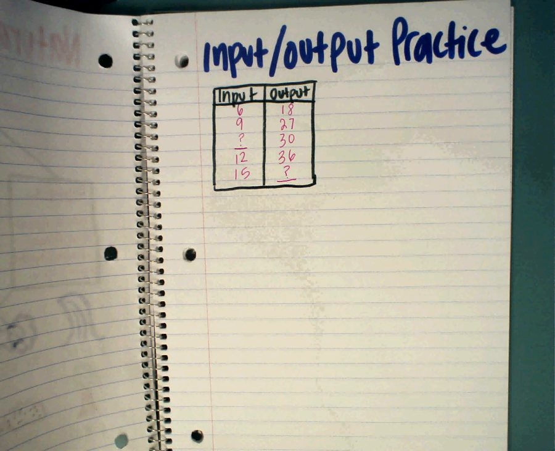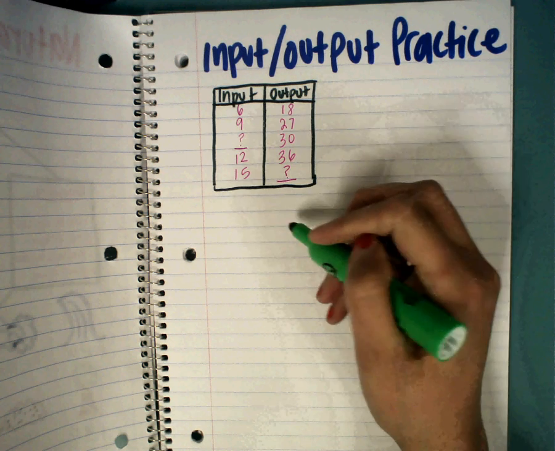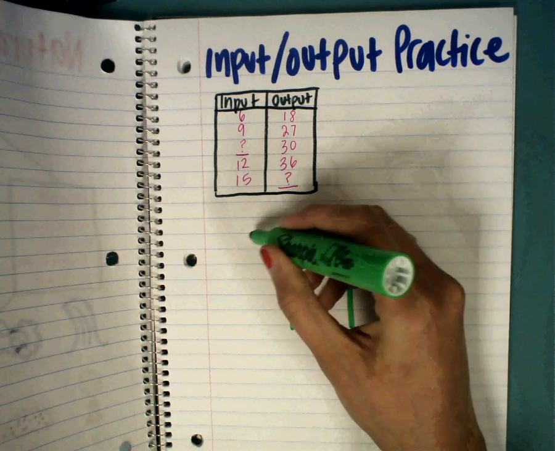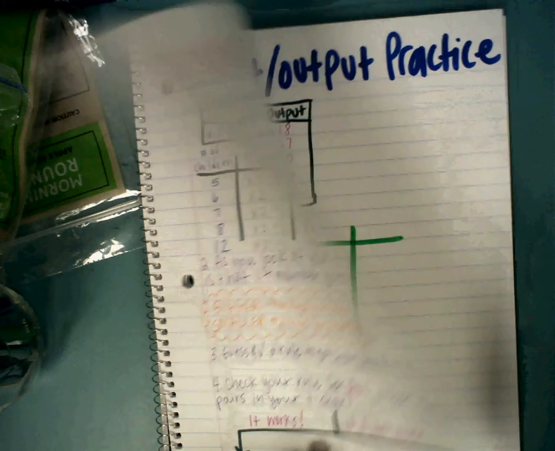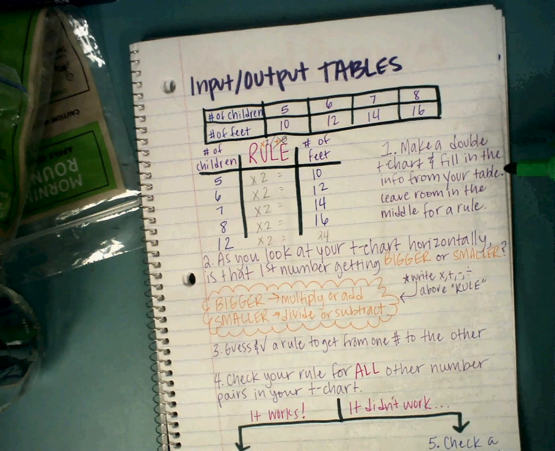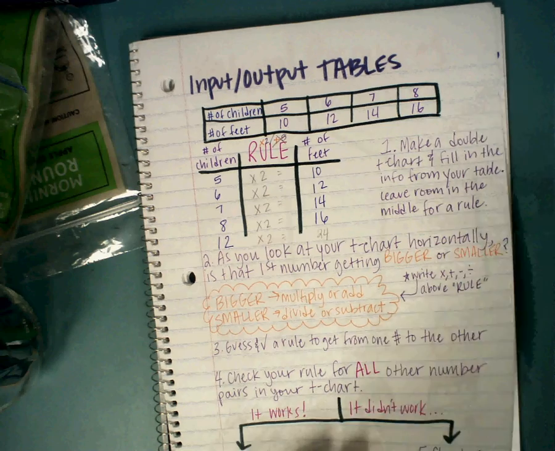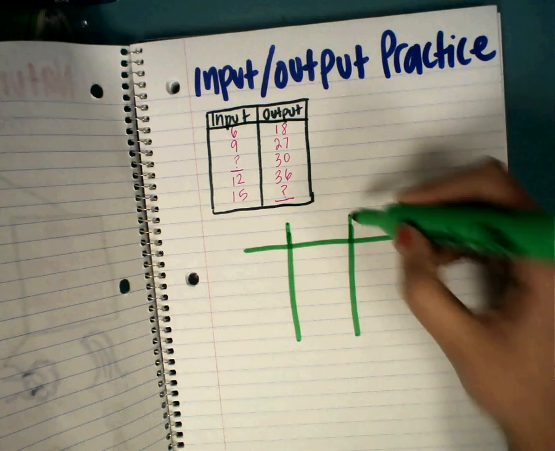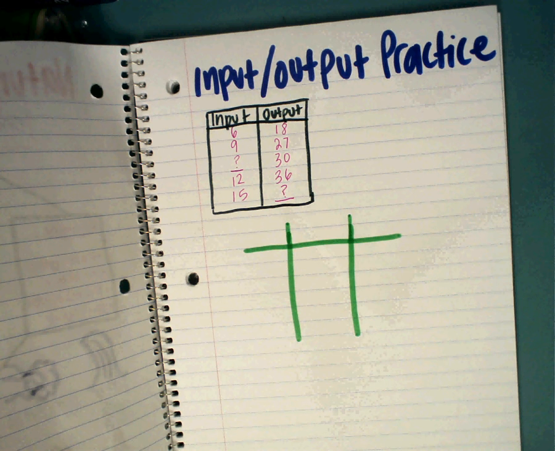So let's go ahead and draw our double T chart. We're going to use a festive green today. All right, and remember our first step says make a double T chart and fill in the info from your table and then leave room in the middle for a rule, right? So let's come up like this. And then we've got rule in the middle.